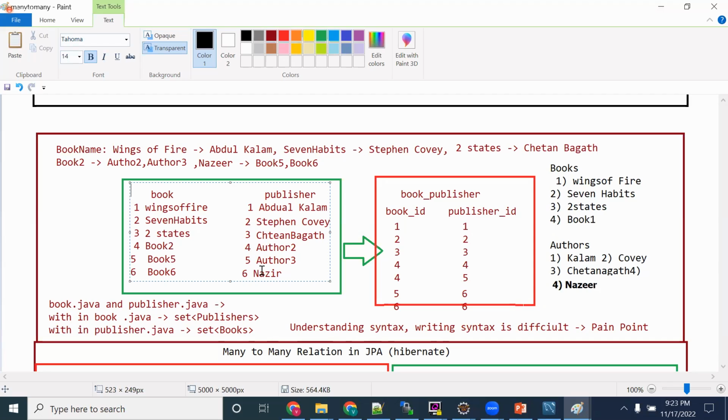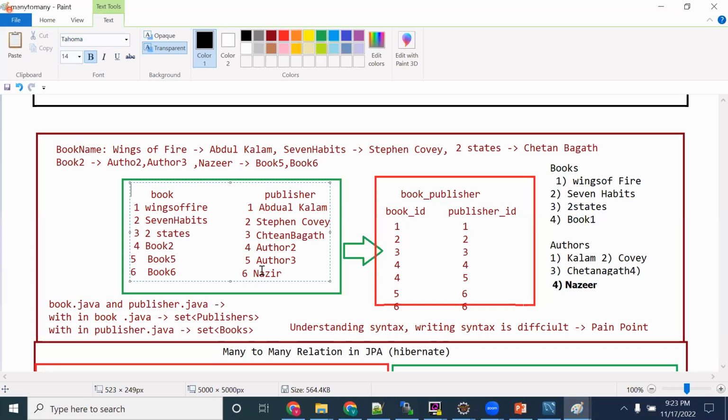Why am I creating a third table? Because the relationship is typically one to many from both sides. It's clearly going to have a one to many relationship from both entities' perspectives.